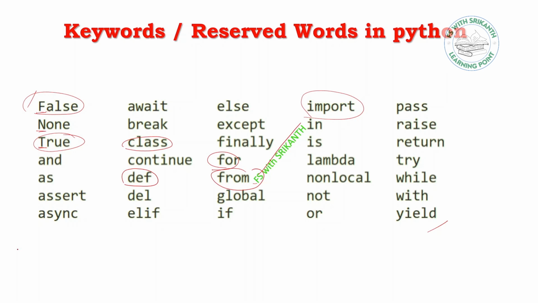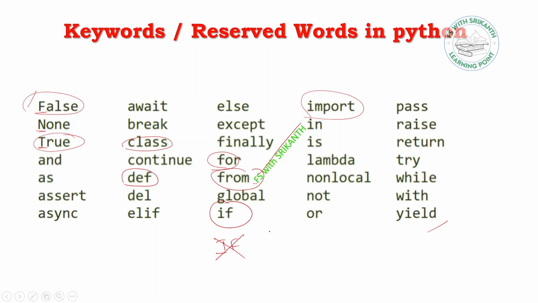If there is a small if and a capital If, both are different keywords with different meanings, and it is a syntax error. If a reserved word is used as an identifier, the result is a syntax error.